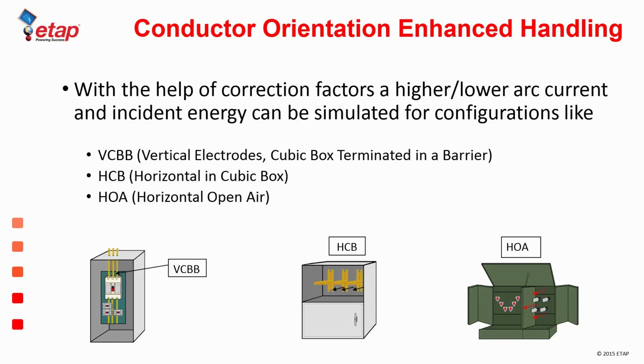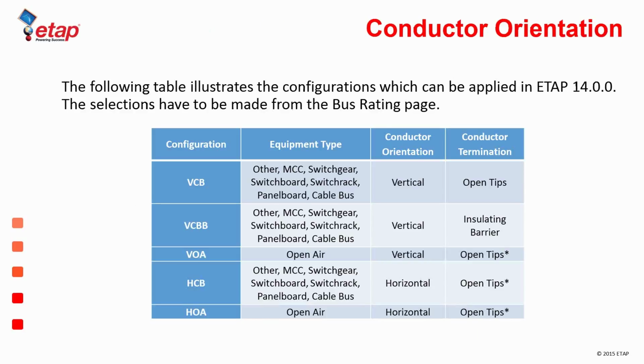So all of these configurations are currently not handled officially in the NFPA 70E 2015 or the IEEE 1584 guidelines, equations. However, ETAP is able to provide the engineer the tool. ETAP is just providing the tool for you to handle the following configurations that can be applied within ETAP 14.